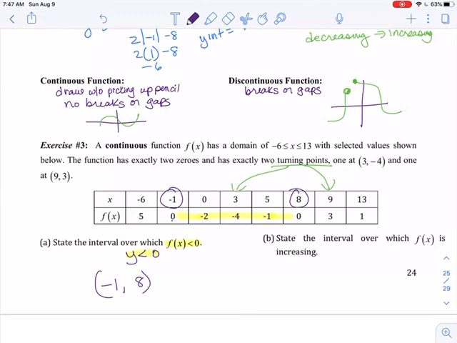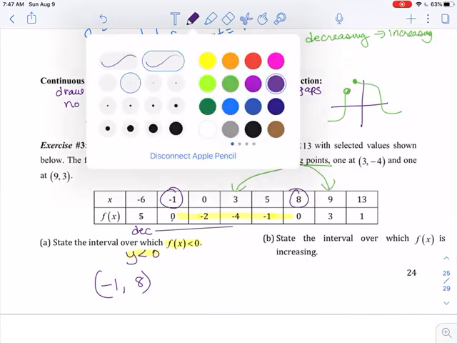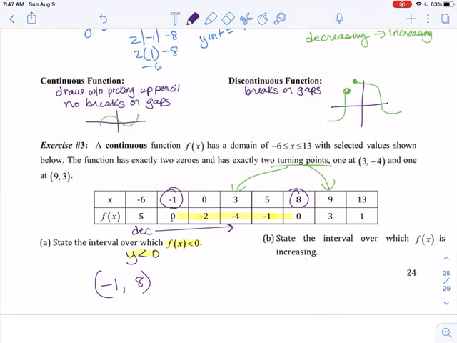All right, state the interval over which f of x is increasing. So it's increasing. Well, let's look at this. So here I'm decreasing because I'm going from 5 to 0. Okay, I'm still decreasing. I'm going to -4. So here, all the way up to this point, I am decreasing. Now I'm going from -4 to -1.